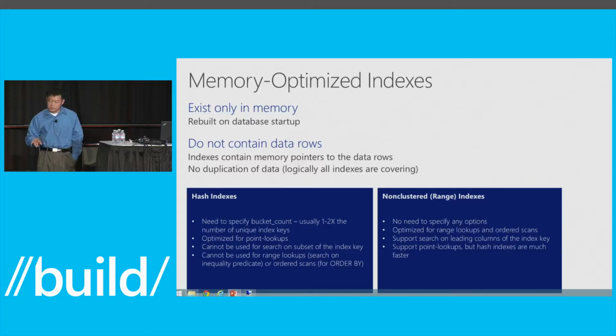One is hash, one is the non-clustered range index. So as I said before, think about hash as a point lookup tool and range as a scanning tool. You can actually define them. If you can't make up your mind, you can define the same two indexes on the same column. That's OK. And the range index, you don't have to specify any parameter. And I will show you the data structure in a minute.